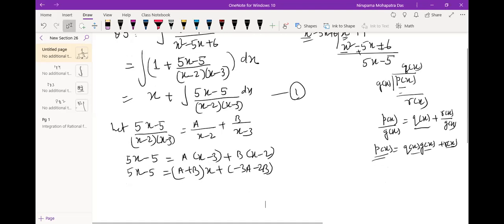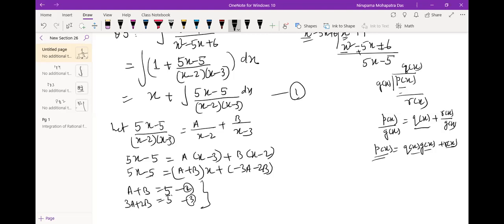Now compare the coefficients. A plus B equal to 5. Also minus 5 equals minus 3A minus 2B, so 3A plus 2B is also equal to 5. Now solve these two equations, equation 2 and 3.